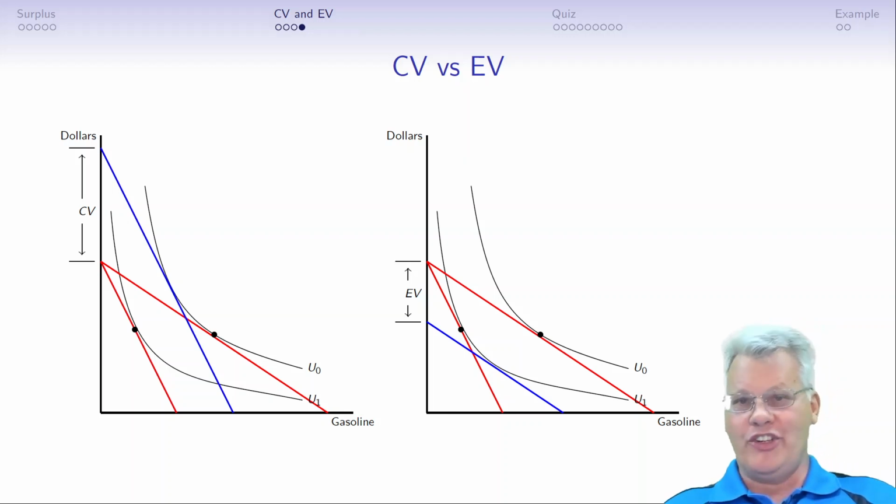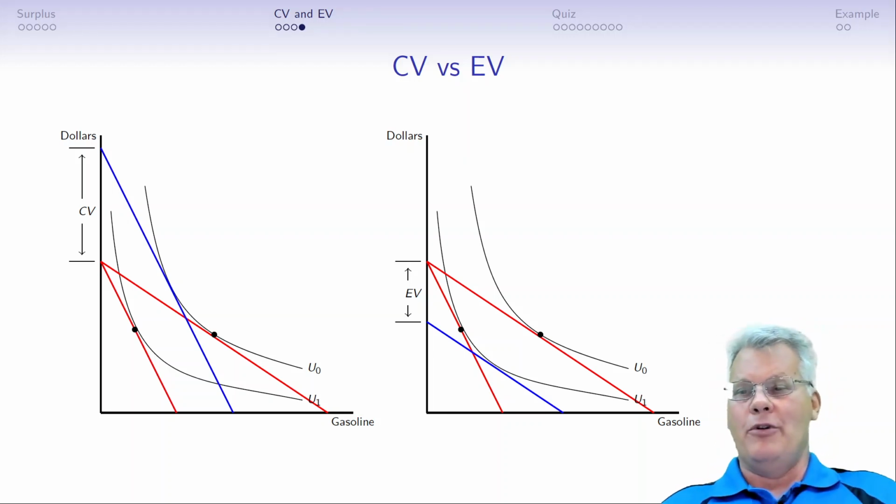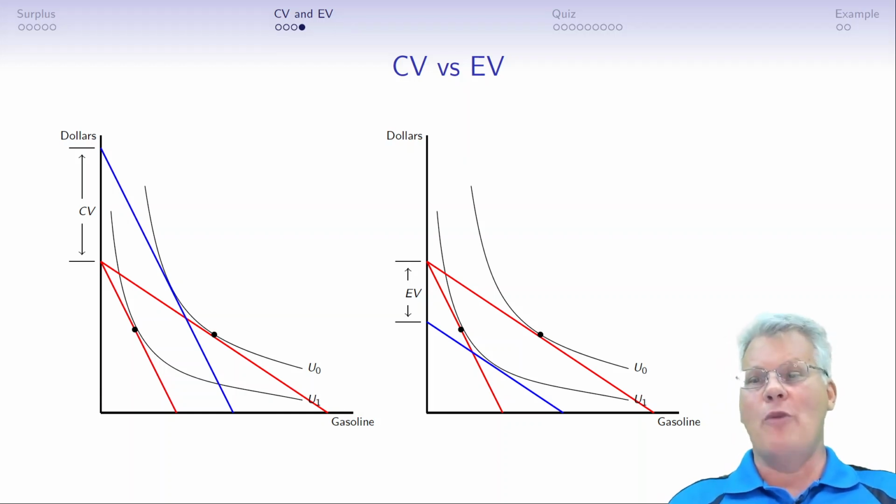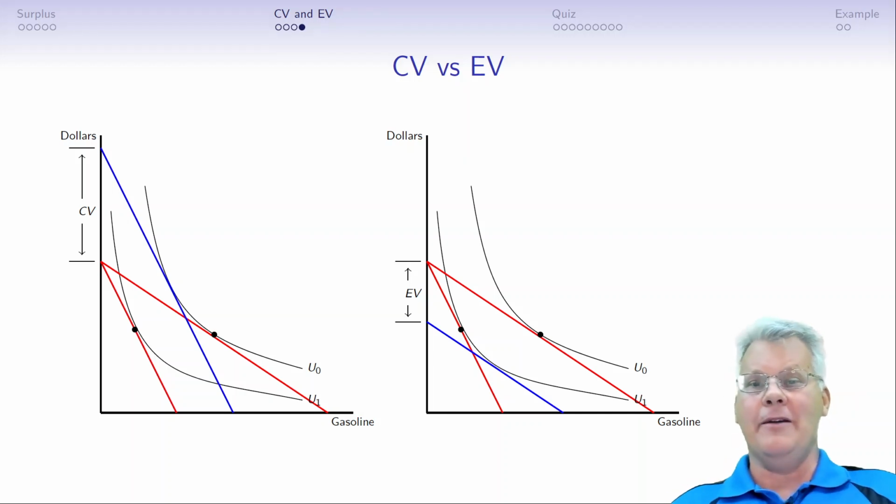So here's the contrast between them. Remember, compensating variation is ex post. It says, how much money do I have to get to restore my previous level of well-being?